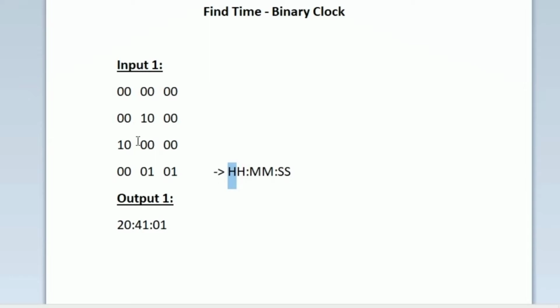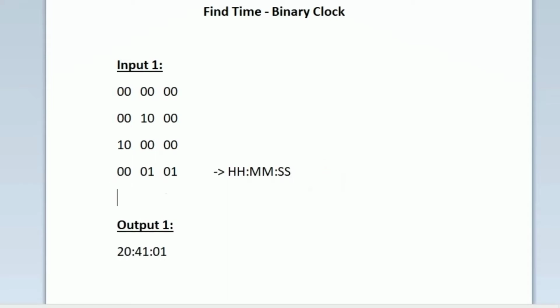That will be the first H, and then 0 0 0 0 will be the second H. The third column will be the first M, the fourth column will be the second M, the fifth column will be the first S, and the sixth column will be the second S. So using these columns we have to find the time.